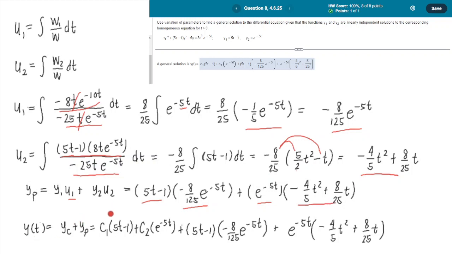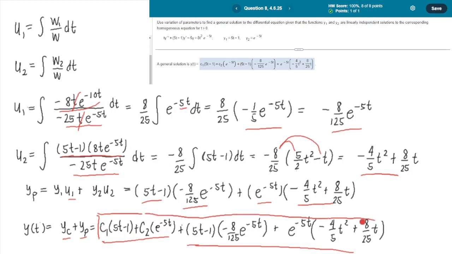Now, since our general solution is the sum of the complementary function plus the particular solution, we just substitute our complementary function and our particular solution. This is now our final answer for the general solution of the initial value problem. And that's all.